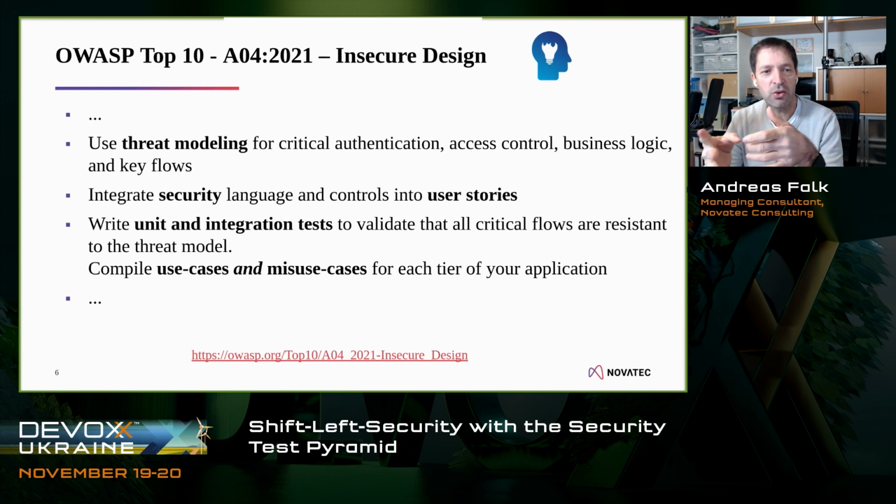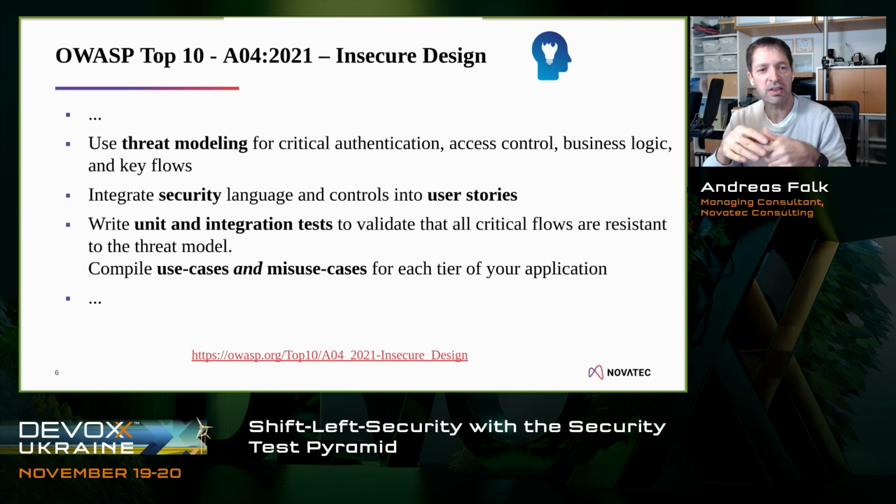So from the beginning, you should do what is called threat modeling to model potential threats that are relevant for your application. Like, for example, authentication flaws, access control again, business logic problems maybe, and really key flows in your application should be threat modeled.